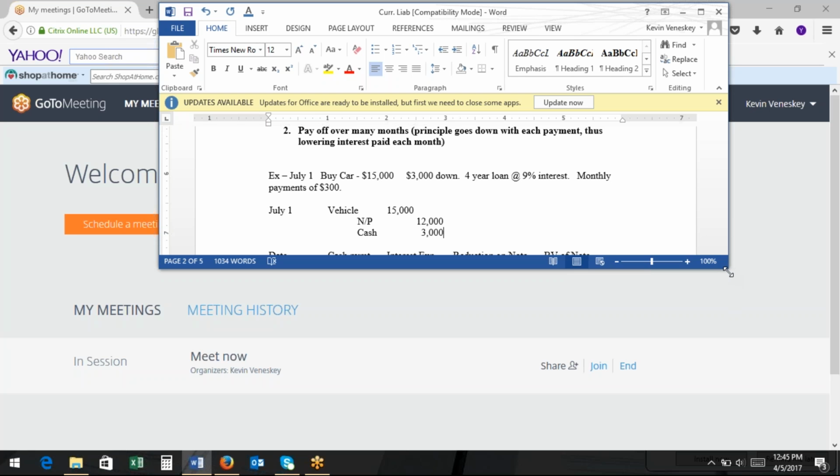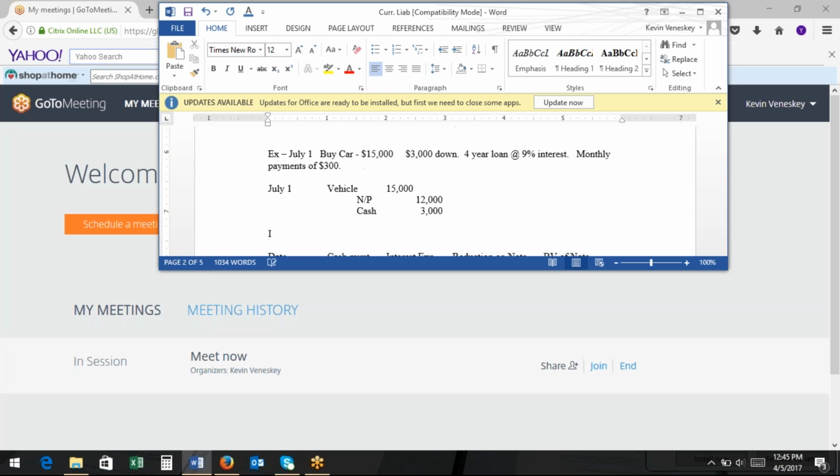Now, when I make my July 31 journal entry, I need to figure out how much of my $300 payment goes to interest, and how much of that $300 payment goes to the reduction of my note. We're going to do the same interest calculation that we've done in the past. I equals PRT. In this case, our principal is real easy, it's just $12,000.